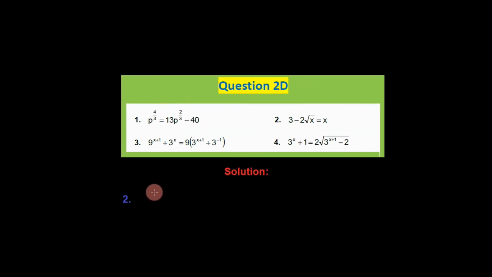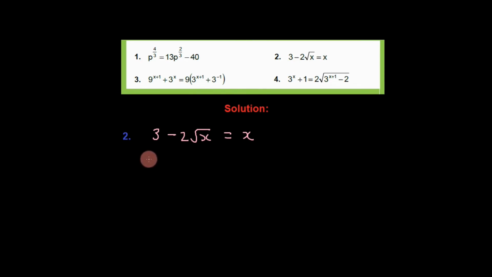In number 2, we have 3 minus twice root x equals x. Our first step will be to bring everything to one side. So x plus twice root x minus 3 equals 0.